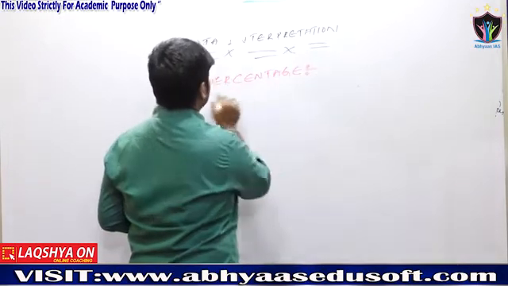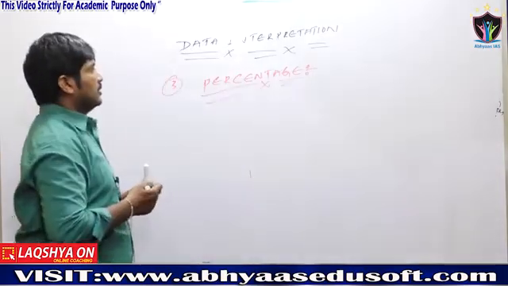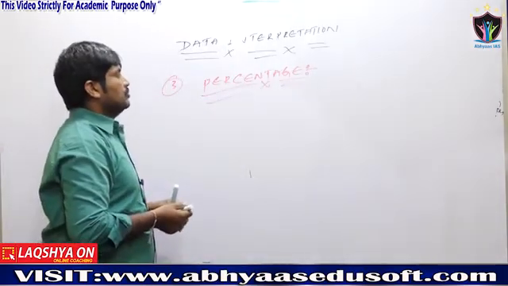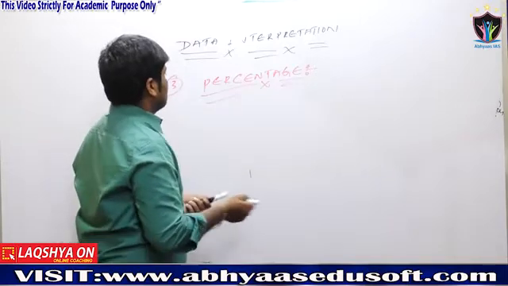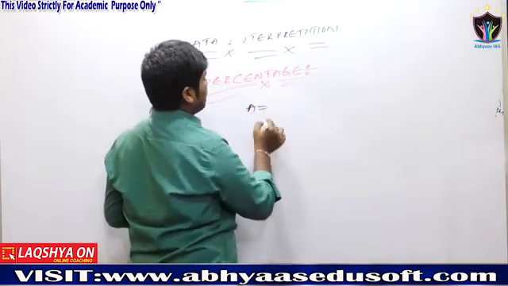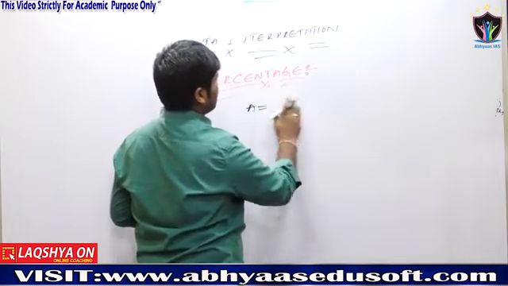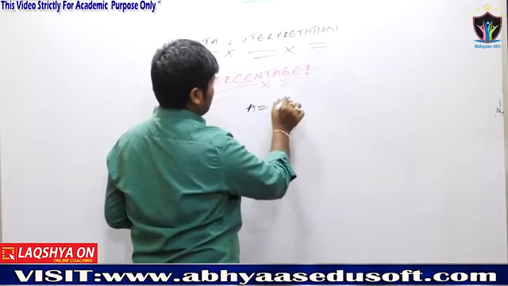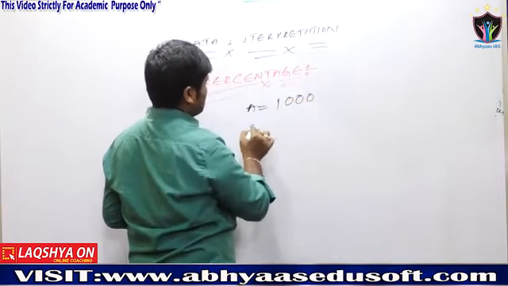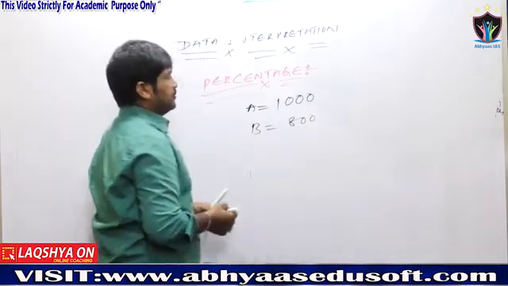For example, if we take the salary of A is 1000 rupees and the salary of B is 800.